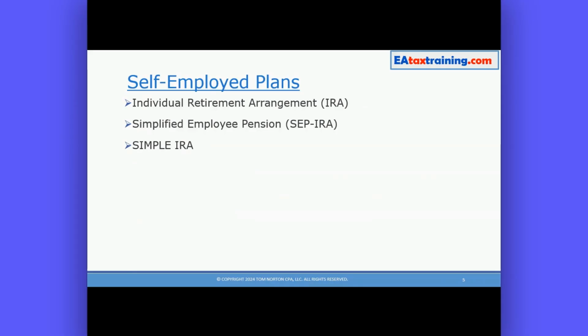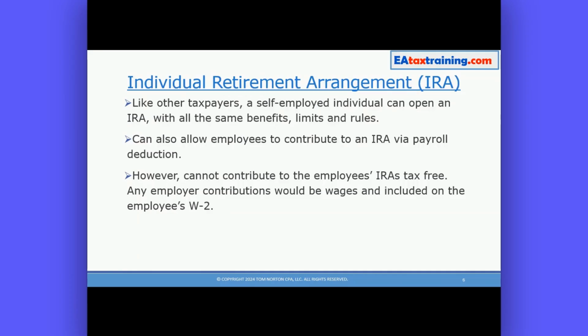Next are 2 different types of IRAs meant specifically for small businesses: a simplified employee pension, or SEP, and a SIMPLE IRA. So we'll look at each of these in a little bit more detail. A regular IRA is available to self-employed people as well as anyone else. They can also allow their employees to contribute to an IRA via payroll deduction.